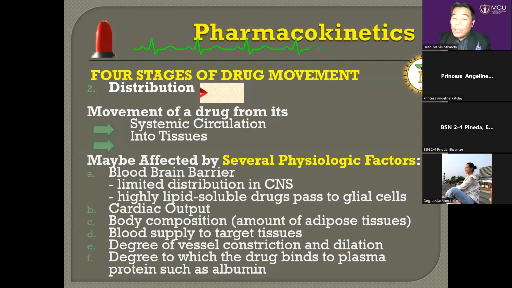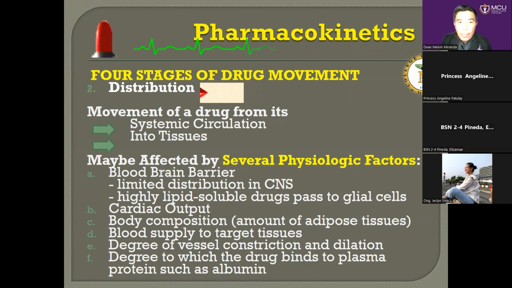Now, there are physiologic factors na pwedeng maka-affect sa movement ng drug. Example, we have the blood-brain barrier. Ang blood-brain barrier or BBB ay obviously nasa brain. These are endothelial tissues that protect the brain from being damaged, that protect the brain from various toxins.